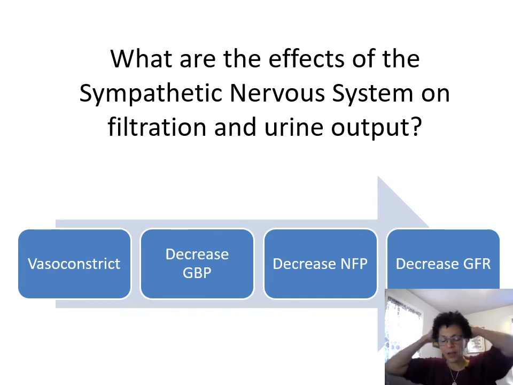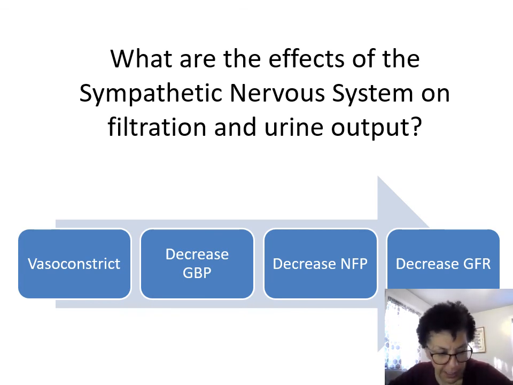Okay, now with urine production, we talked a lot about control mechanisms. So there's intrinsic control, right? That's the juxtaglomerular apparatus and tubuloglomerular feedback and myogenic. That's just the afferent arteriole controlling itself, or paracrines controlling it. We talked about the sympathetic nervous system.